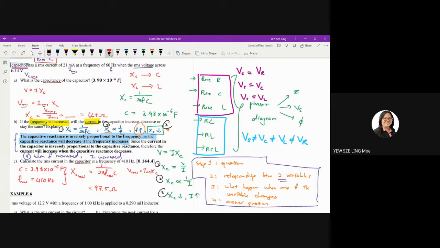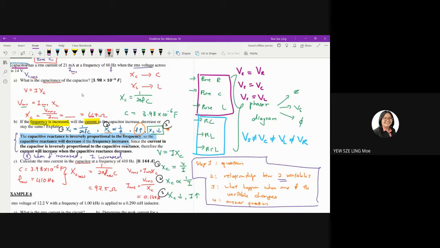VRMS is a fixed value because you're still using the same voltage source; you are not changing the source. So IRMS equals VRMS over XC, which is 0.144 ampere. So that is how you solve question C.